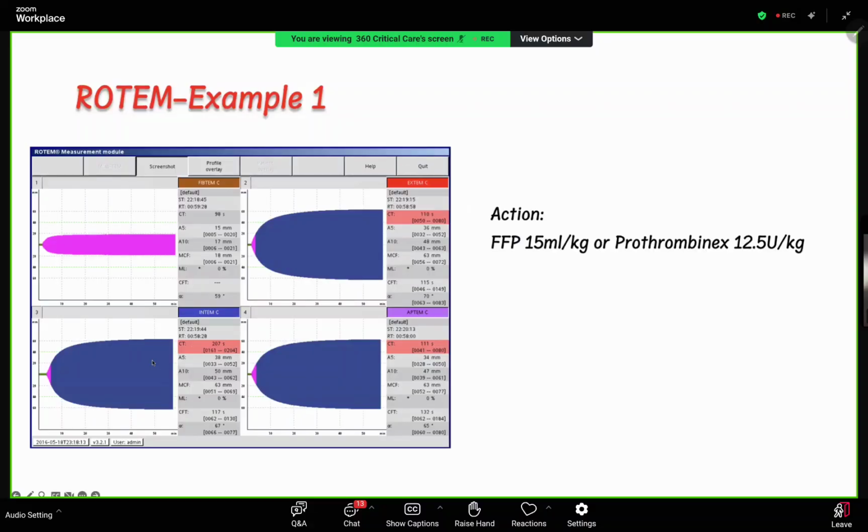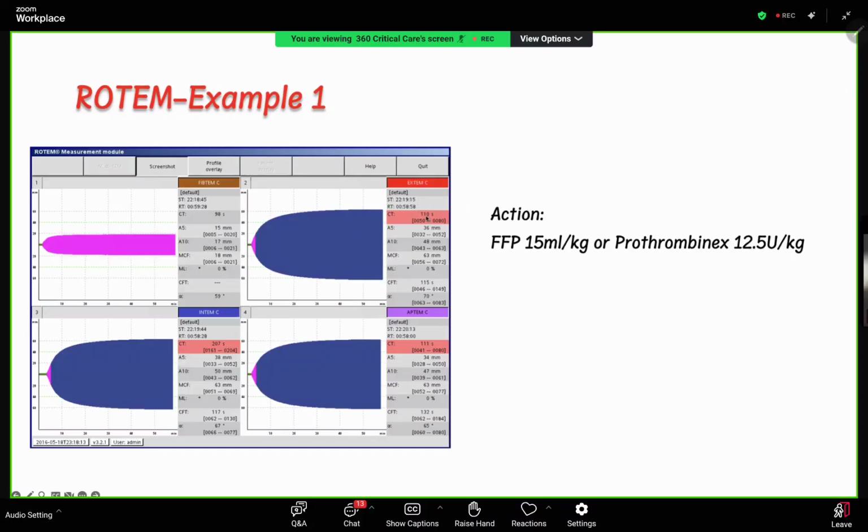So in that case, how do you treat it? You give fresh frozen plasma or prothrombin. So basically, how you evaluate is, first step, fibrinogen A5 is 15, which is normal, so it is not a fibrinogen issue. Go to EXTEM, the CT is prolonged.